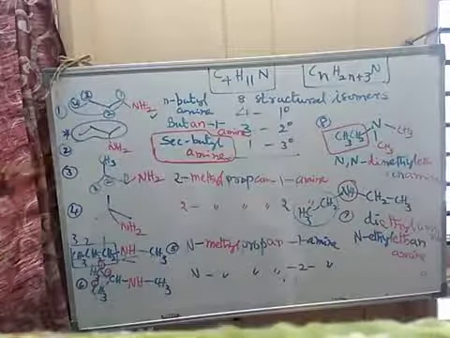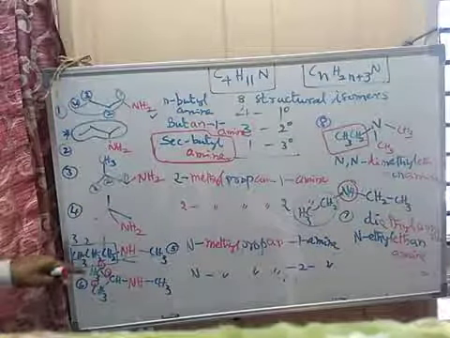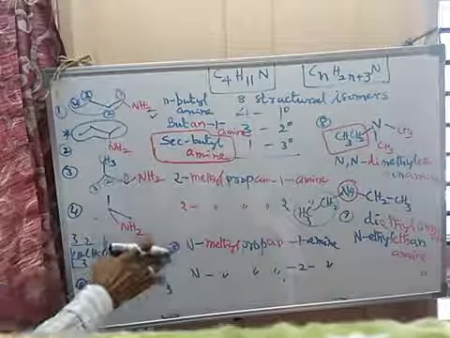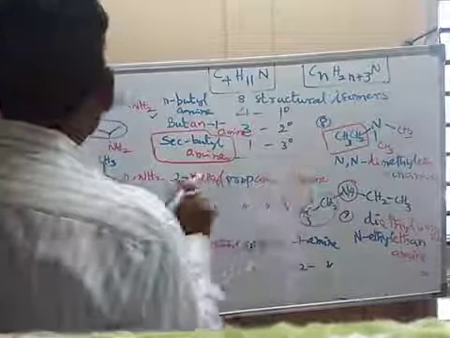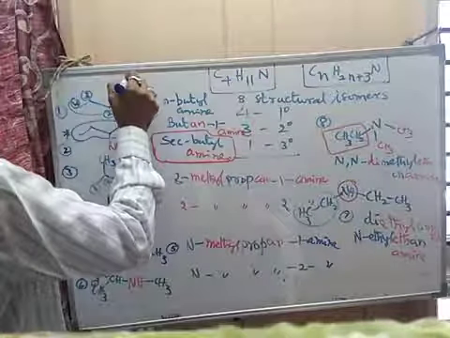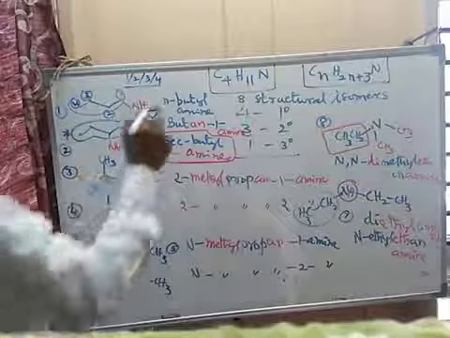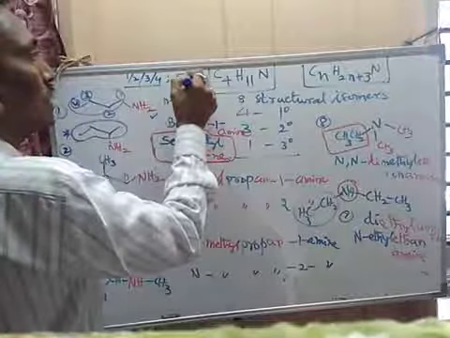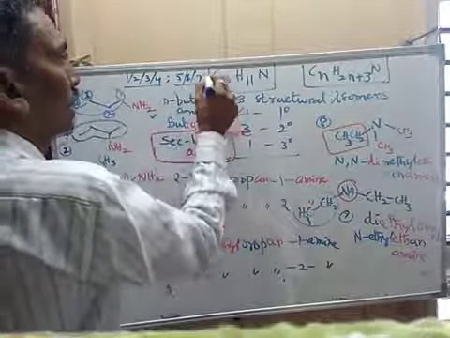Take any one of structures 1, 2, 3, 4 and compare it with 5, 6, 7 or 8. From 1, 2, 3, 4 you have to select one. Then 5, 6, 7, from these one, and 8.